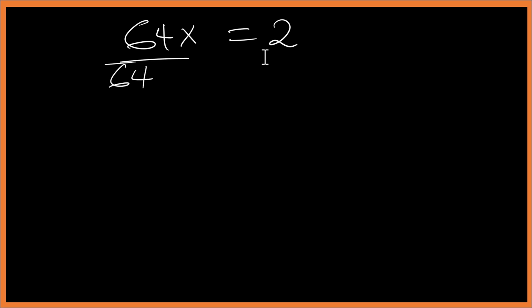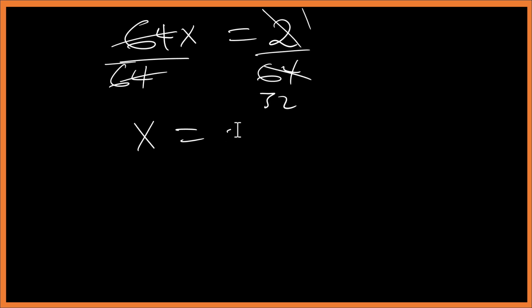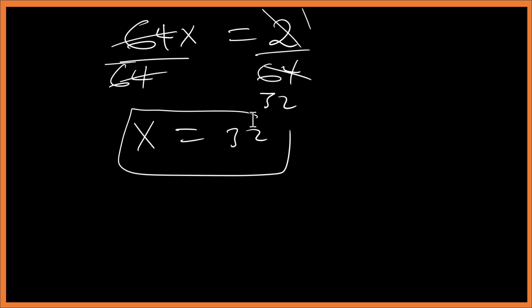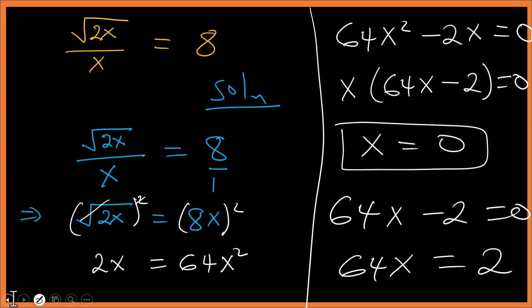So 64 over 64, x will be 2 over 64, 1 and 2 here. So we have 1 over 32 as the answer.